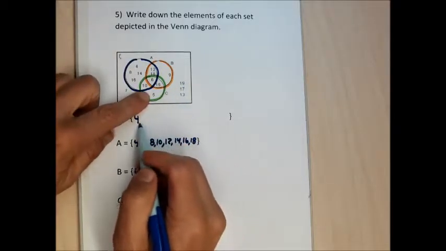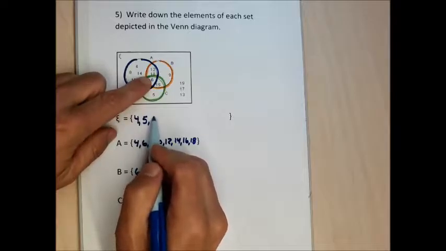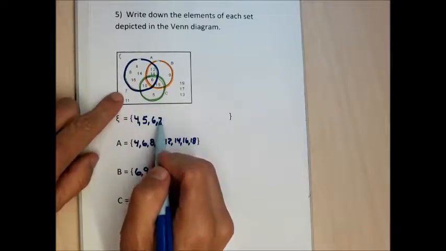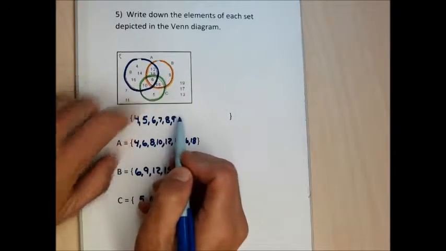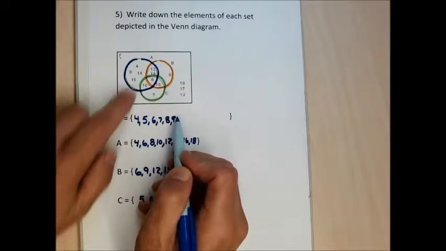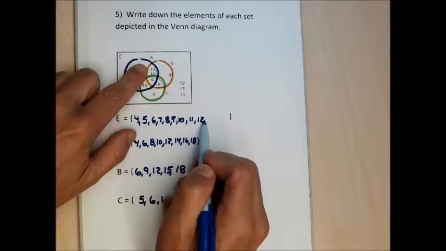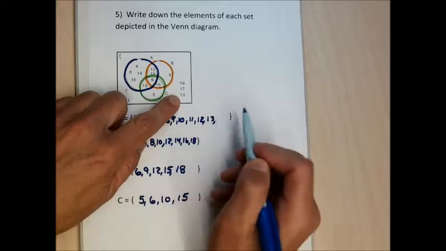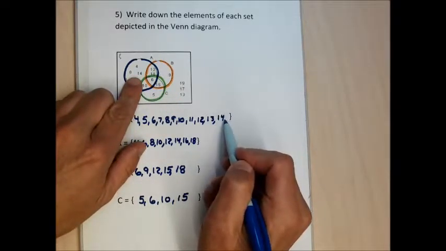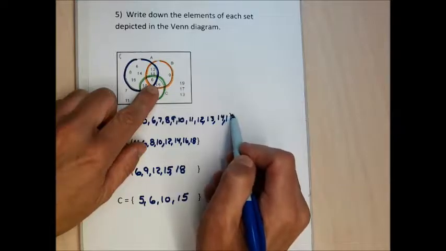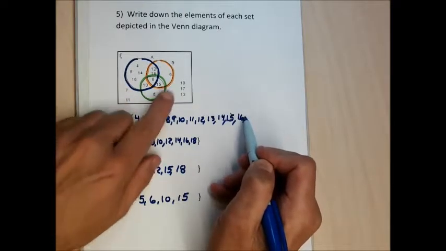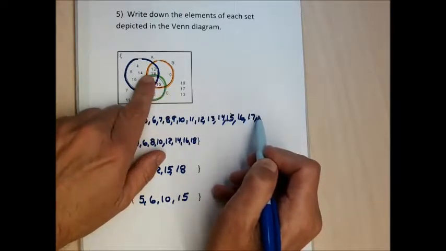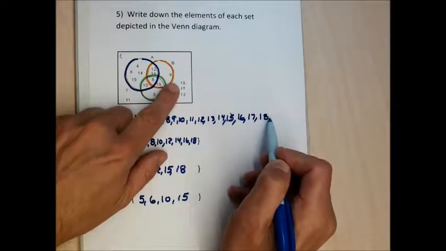So 4, I see a 5, a 6, 7, 8, 9, 10, 11, 12, 13, 14, I'm going to write over my set brace here, 15, 16, 17, 18, this is horrible, and 19.